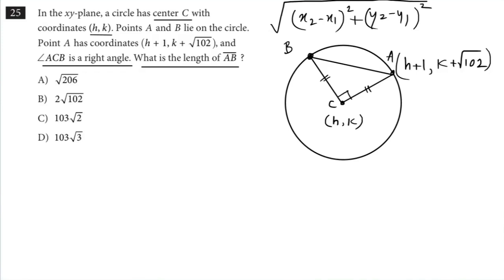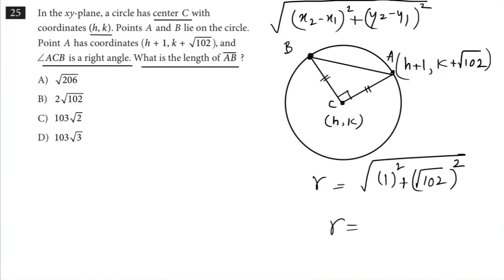It's all part of the geometry section. So h plus 1 and h, if you find their distance, it's going to be 1 squared plus the square root of 102 squared. I'm applying the length formula. So this distance, or I can say the radius, turns out to be the square root of 103.